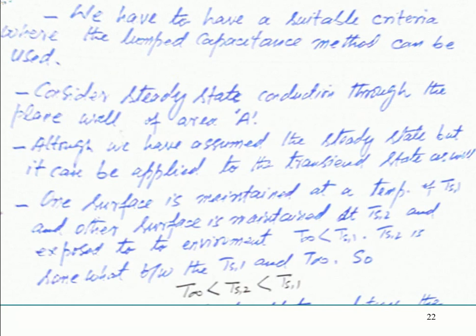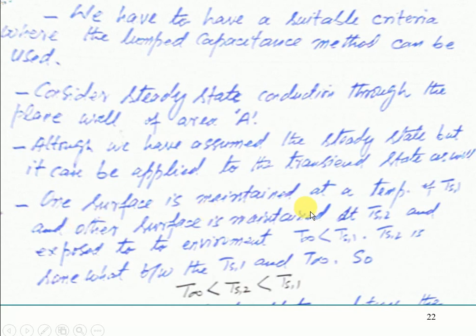But now the next thing is where this model, the lumped capacitance model, can be applied, and where of course we cannot apply. To consider a steady state conduction through a plane wall of area A. Although we have assumed the steady state, it can be applied to a transient state as well.